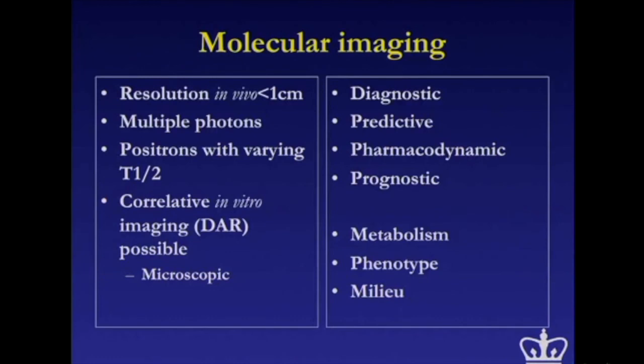And molecular imaging lends itself very well because the resolution is now sub-centimeter. Just as you have spectral, multispectral histopathology that you can look at these days, you can also look at multispectral photons and carry out multispectral in vivo imaging.